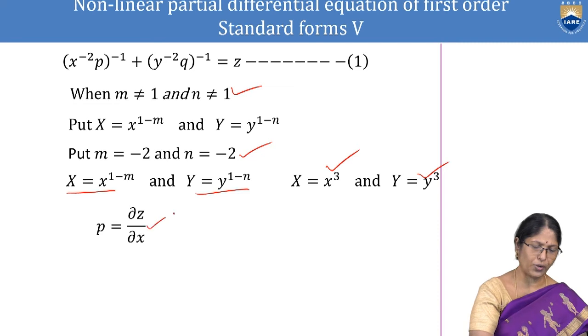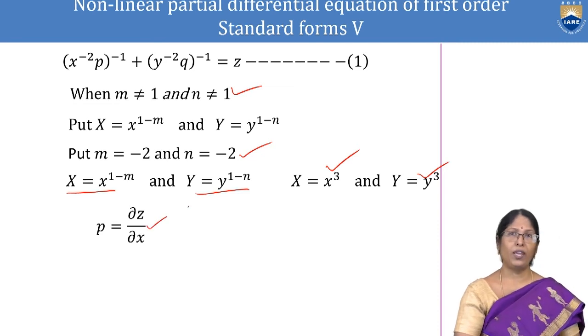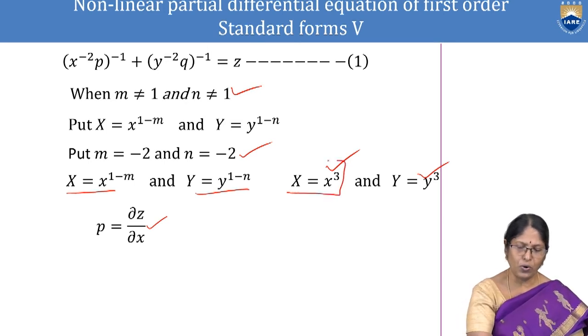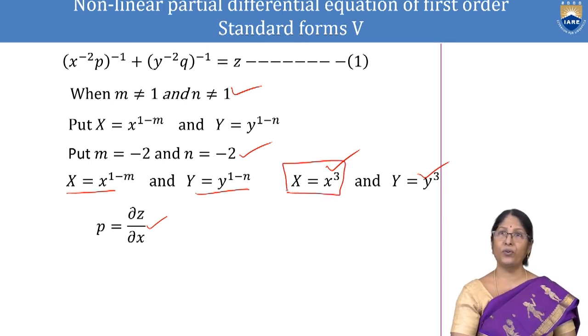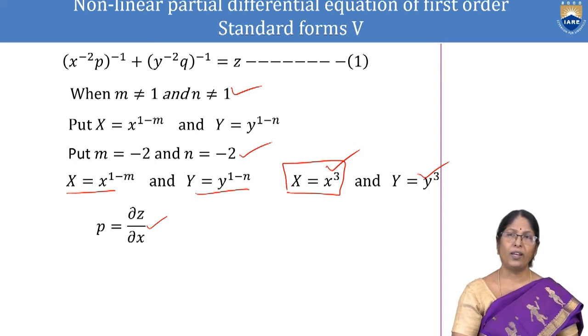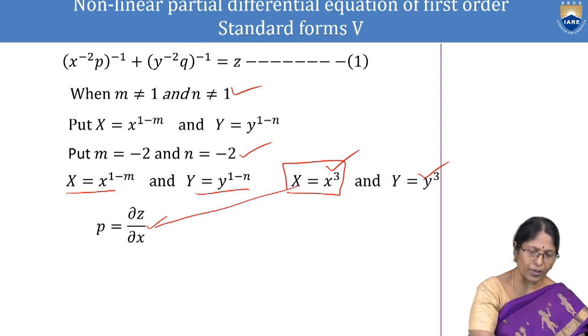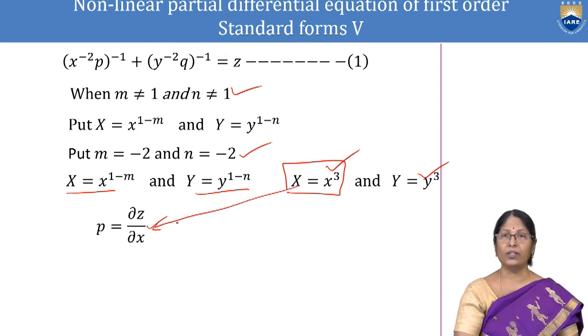We know the notation small p equal to dou z by dou x. But now one new term is introduced, that is capital X equal to small x cube. This capital X should be given connectivity to this dou z by dou x.